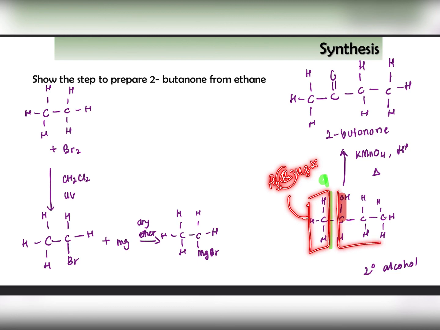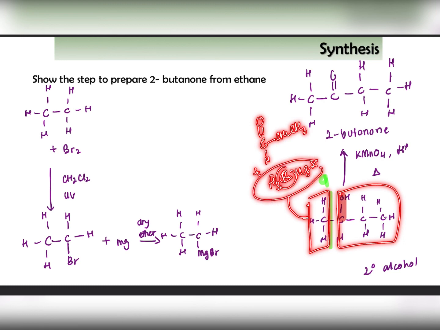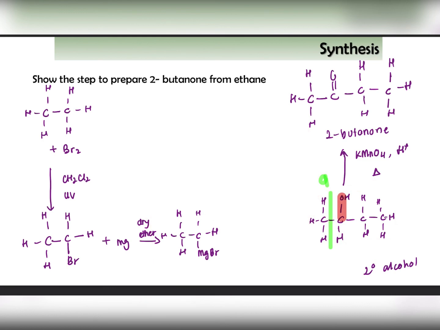And this part of your compound will become C double bond O, H, CH2CH3. So if you look at the structure of your Grignard reagent, does it match with what you have got? It doesn't match because this is CH3MgX. So it can't be, it only has 1 carbon.